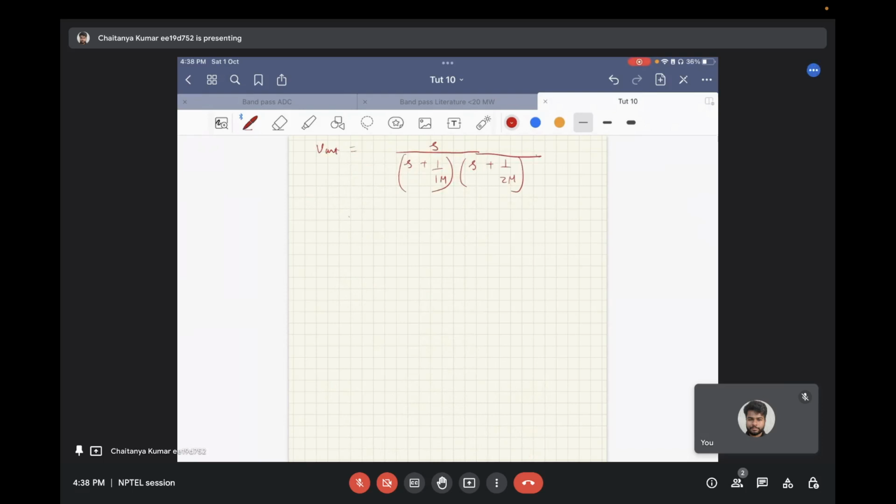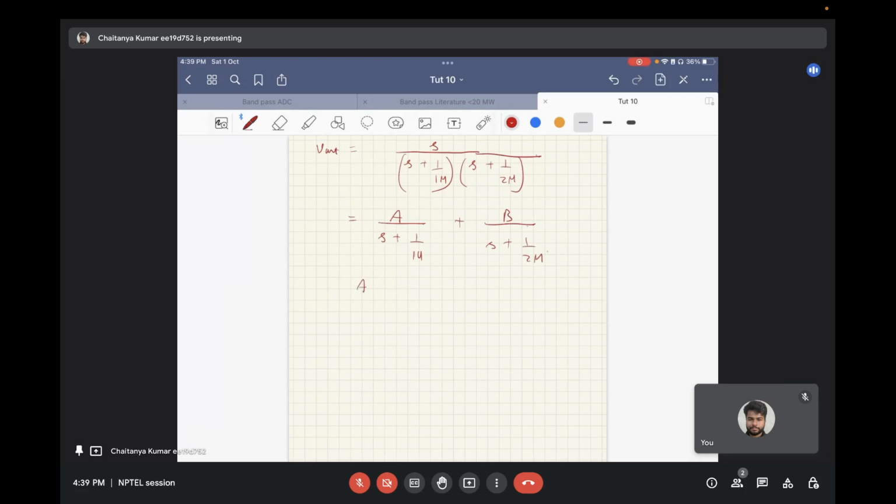Again, expanding it into partial fractions, you get A upon S plus 1 by 1 microsecond plus B upon S plus 1 by 2 microseconds. Now the values of A and B you can calculate as discussed earlier.